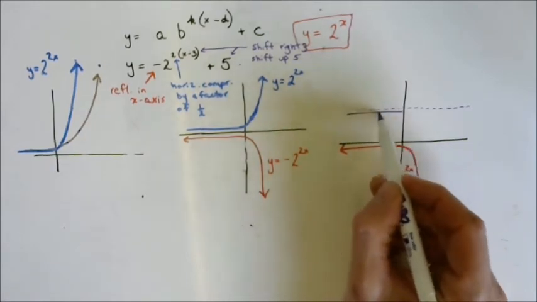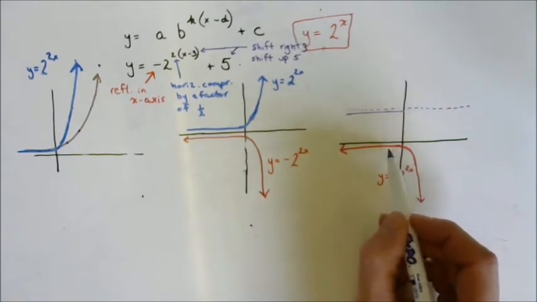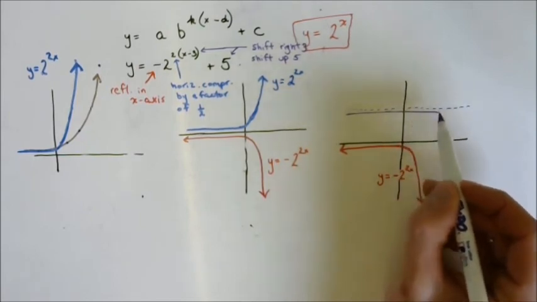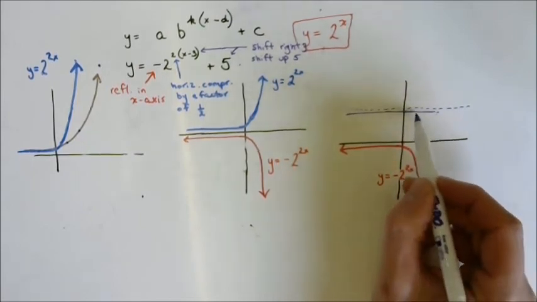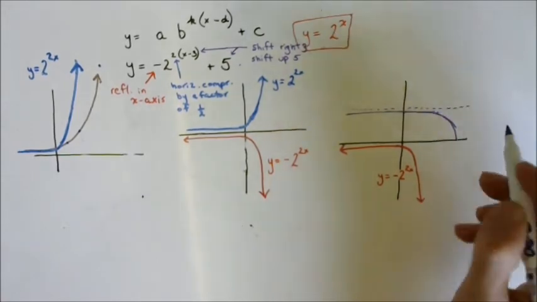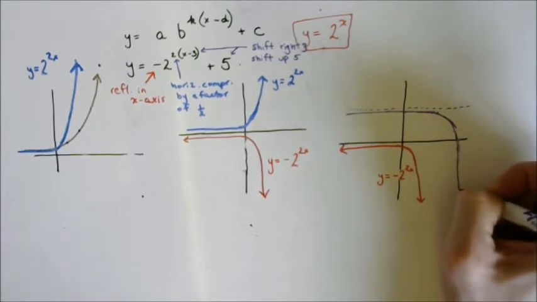And then where my red one starts to curve right here at the y-axis, my purple one is not going to start to curve until I get to about 3 out here. And then it starts to curve, and it should hold the exact same shape as the red guy.